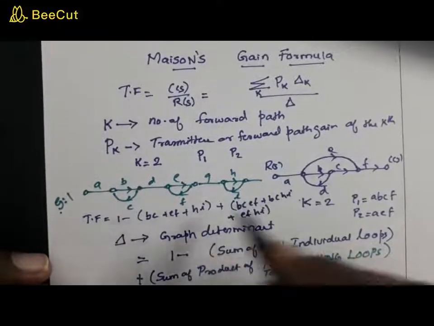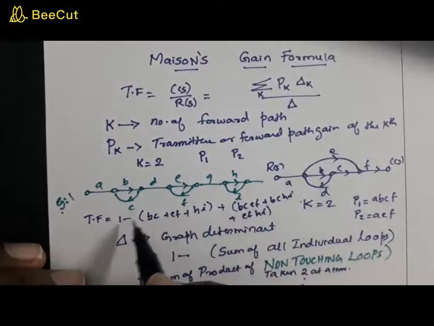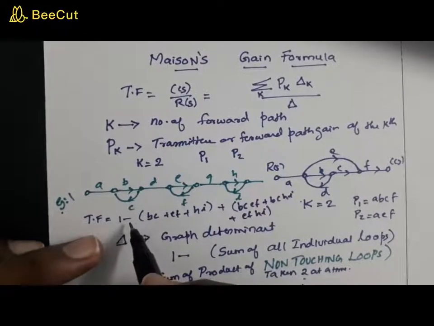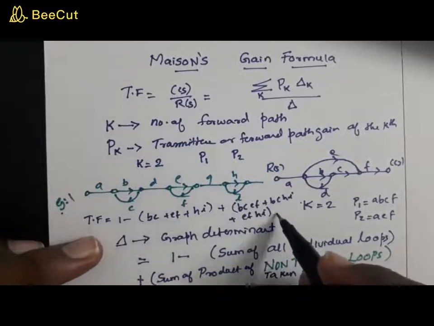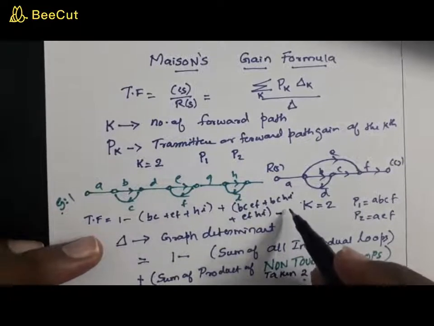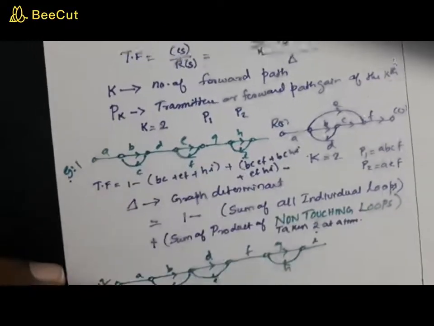And then comes again, so it's a determinant. A determinant always has the first term positive, the second term negative, the third term positive, and then comes the fourth term, which is again negative. Now I'm going to write this here.